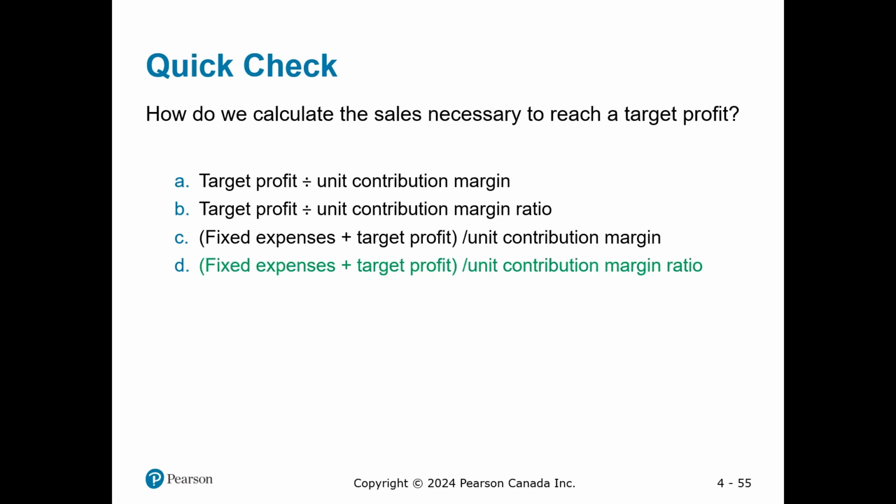And the answer is D. Bracket, fixed expenses plus target profit, close bracket, divided by unit contribution margin ratio. Remember, it said, how do we calculate the sales necessary to reach the target profit? And sales is calculated using the unit contribution margin ratio.